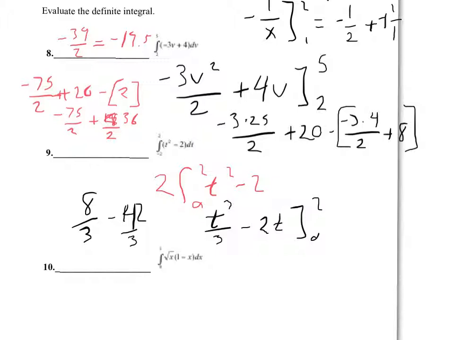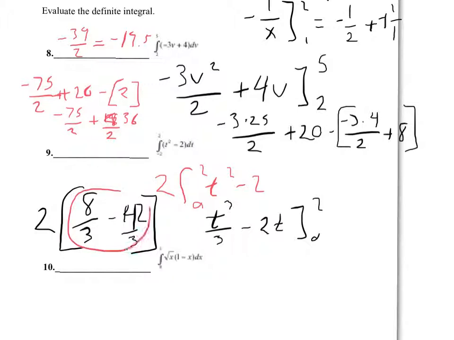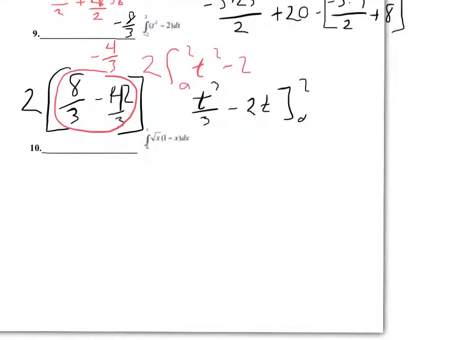Hold on. Yep, no, I did it right, excuse me. But I did forget to double it. So here on the inside I would end up with negative 4/3, but then I have to double it, so then I do get negative 8/3. Whoops. All right, and then we'll head to number 10.